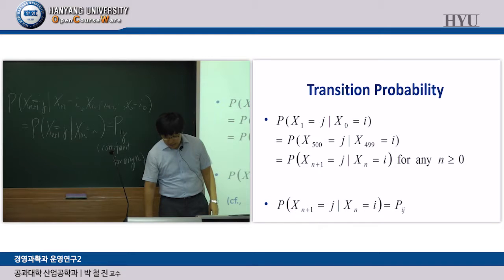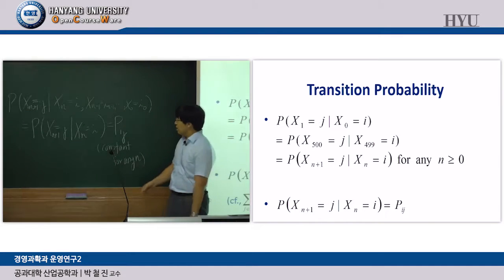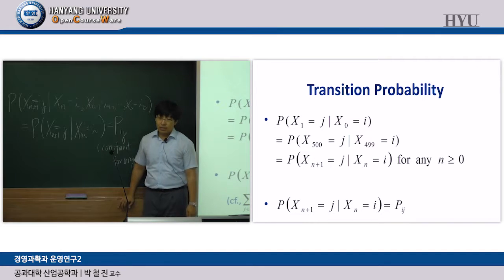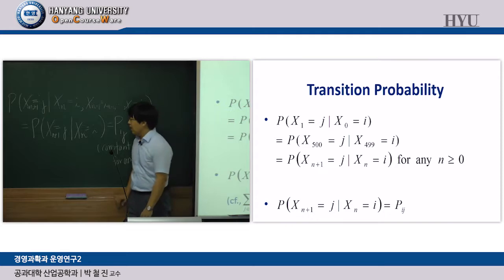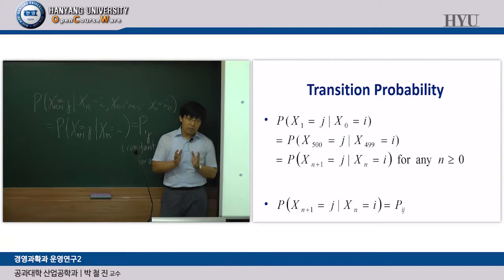And the second one: for fixed i, the state at time n, when we sum all the transition probabilities over all j, this value is 1, because the next state, X_{n+1}, can take any number from the state space.